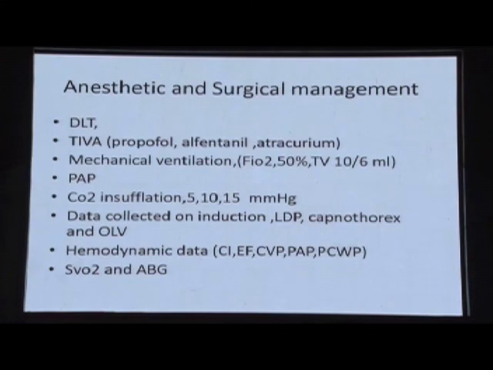Data were collected during induction, lateral decubitus position, during the capnothorax, and 1-lung ventilation. Hemodynamic data were collected to see cardiac index, ejection fraction, CVP, PA pressures, and wedge pressures. They also checked the mixed venous oxygen saturation and ABG.